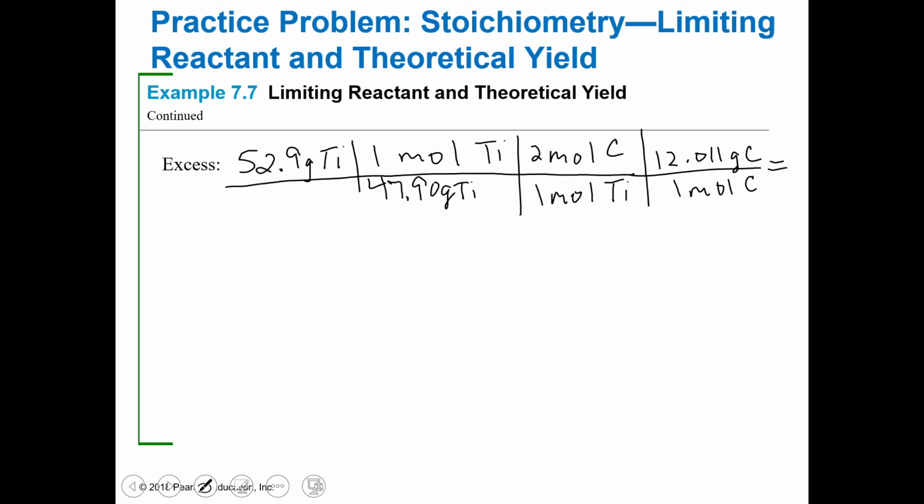And I get 26.5295 grams of carbon used. So 26.5295 grams of the carbon was used up to make that amount of titanium.